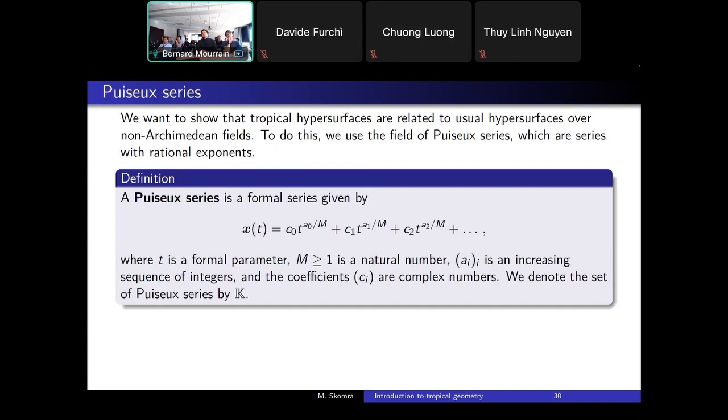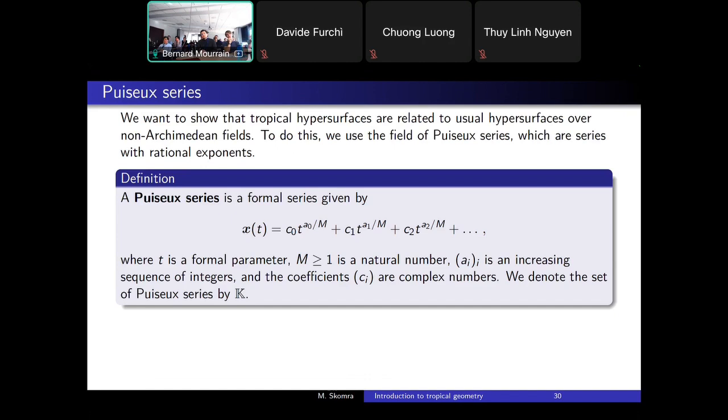We want to claim that tropical hypersurfaces are related to the usual hypersurfaces over non-Archimedean fields, and this is an example of a non-Archimedean field. Puiseux series are formal series with, sorry, rational exponents.